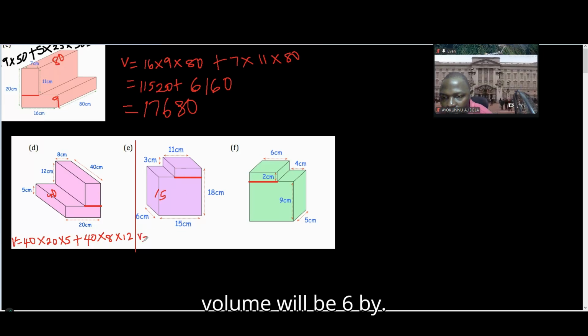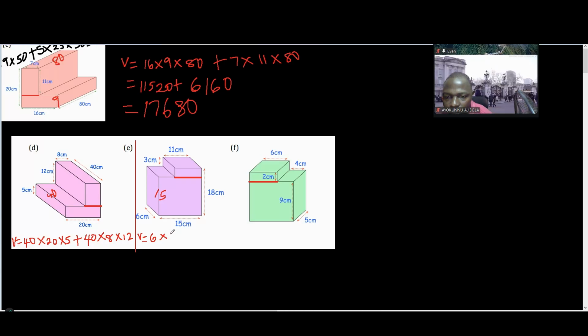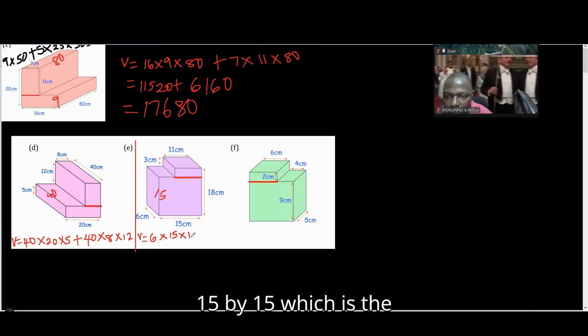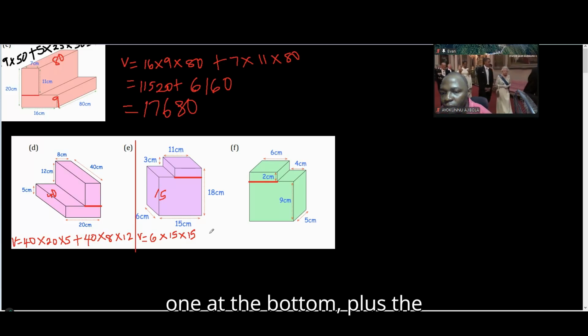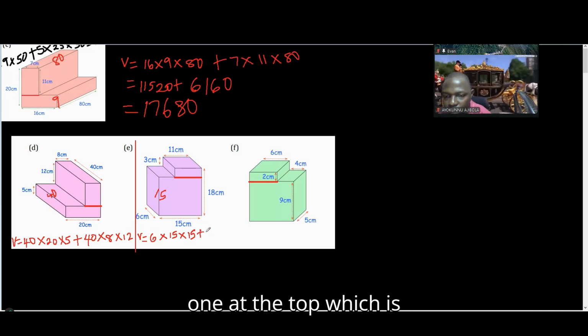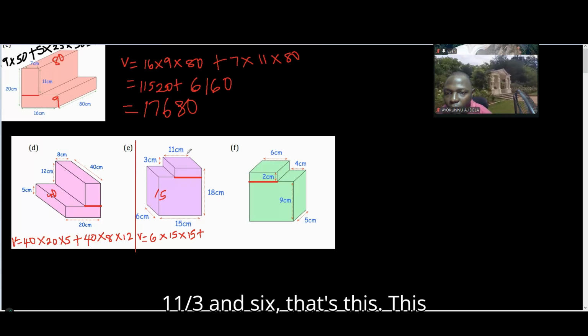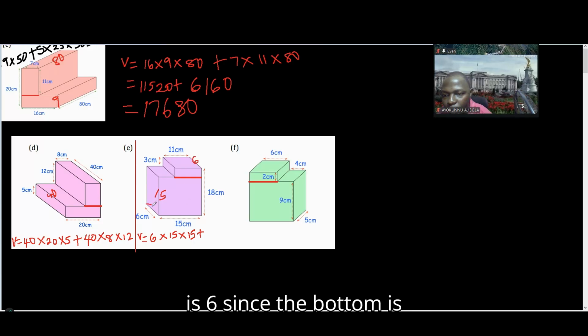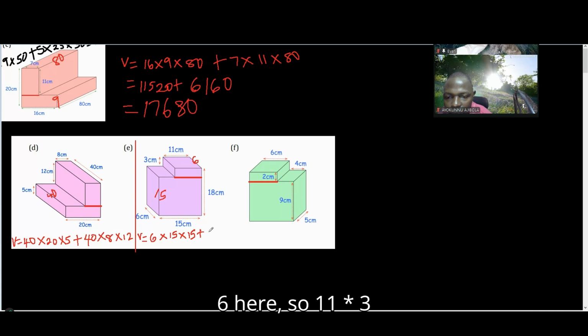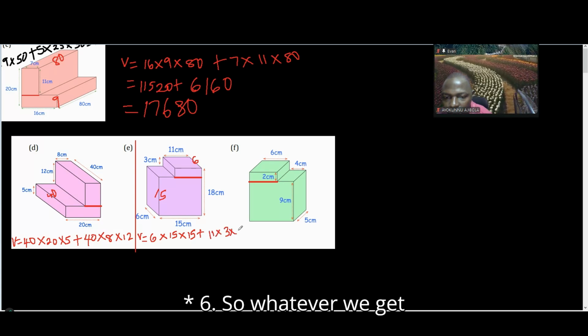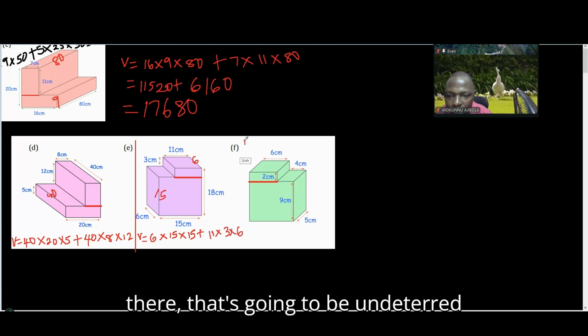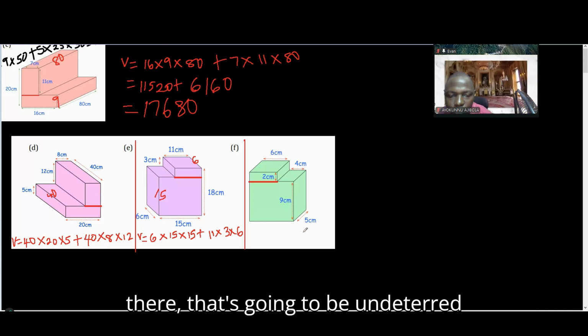So the volume will be 6 by 15 by 15, which is the one at the bottom, plus the one at the top, which is 11, 3, and 6. Plus this place is 6, since the bottom is 6 here. So 11 times 3 times 6. So whatever we get there, that's going to be on the third one.